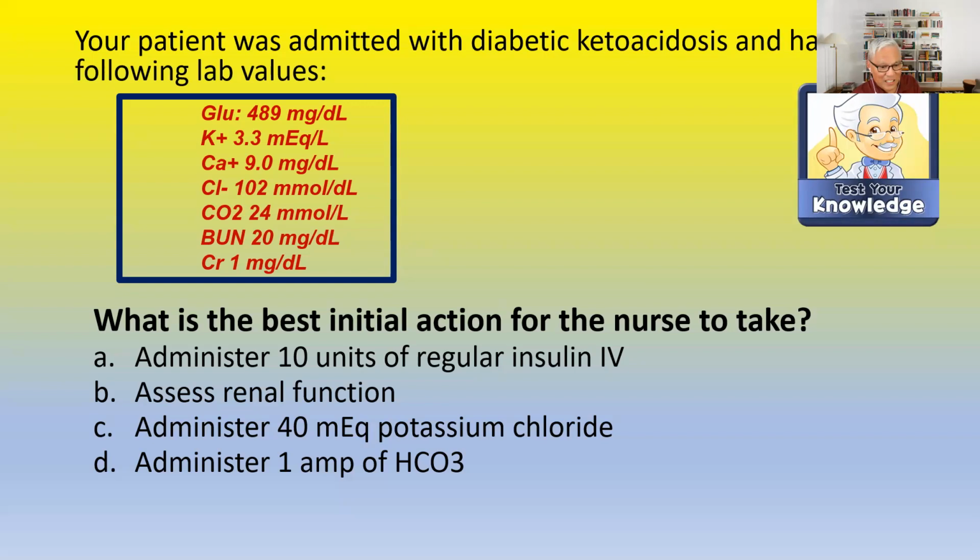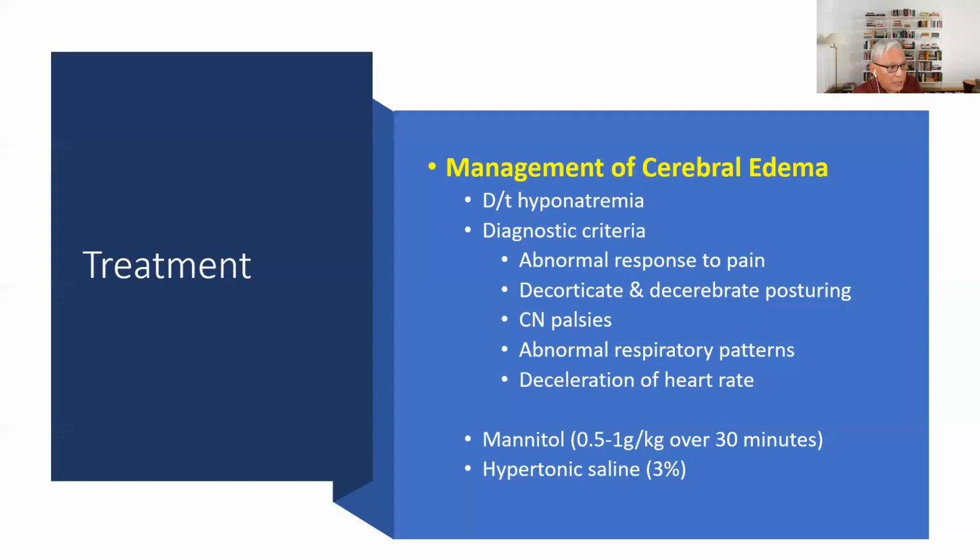Okay, all right. So I told you that cerebral edema is a serious complication that may evolve at any time during the treatment of diabetic ketoacidosis. And this is more profound in children. It is the leading cause of death associated with DKA in children.